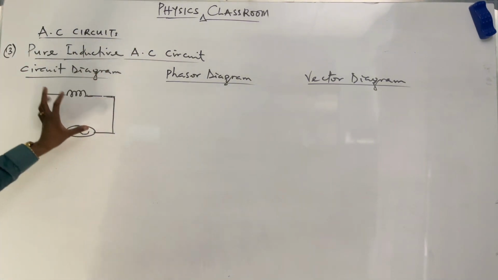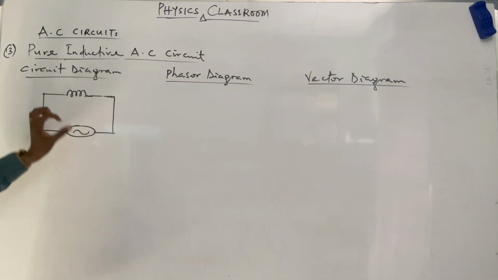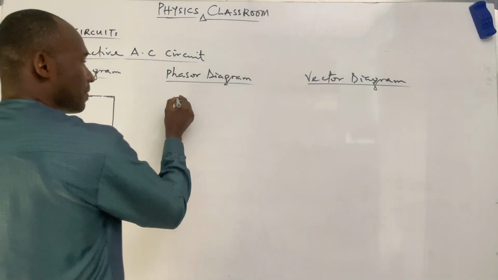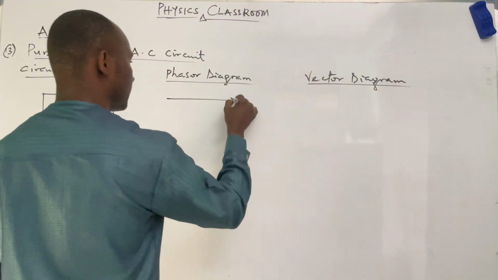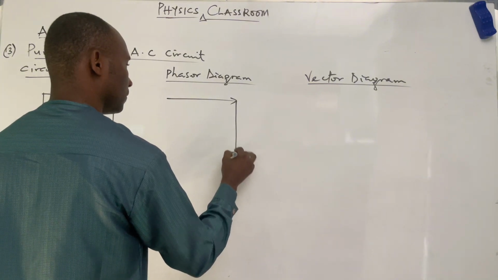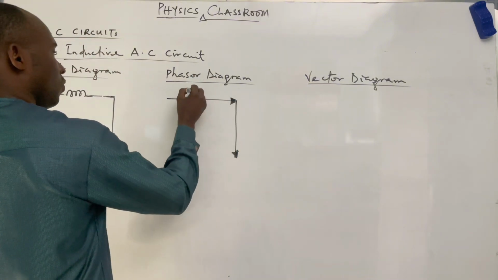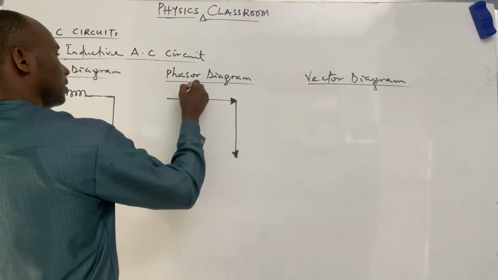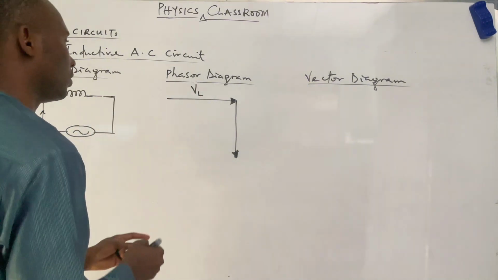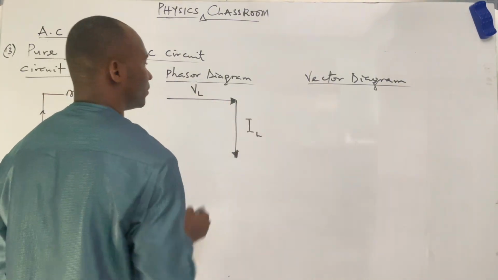The circuit diagram is as shown on the board, where we have the inductor and the alternator in the circuit. Now, this diagram is expressed as this, where we have the voltage across the inductor and current across the inductor.